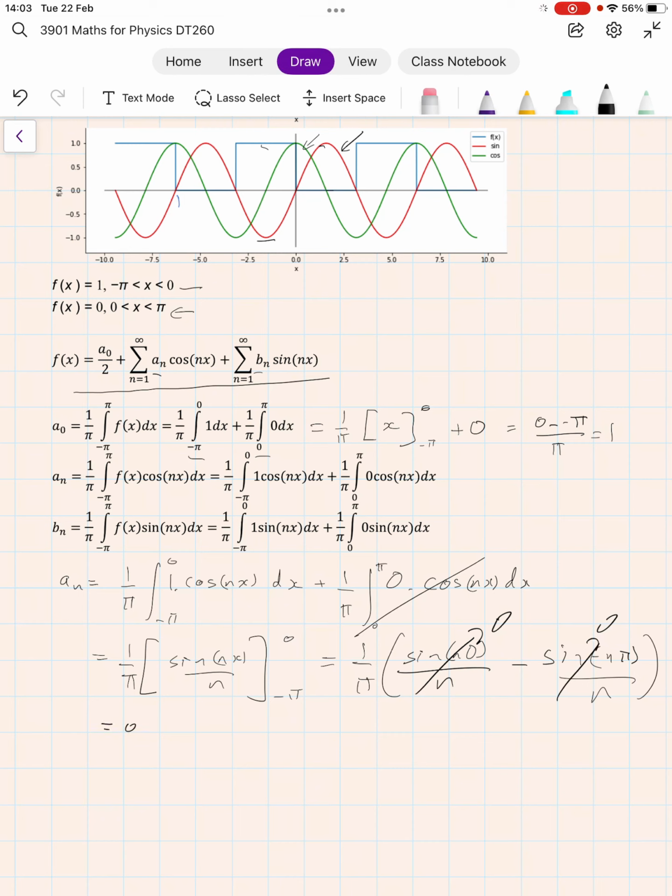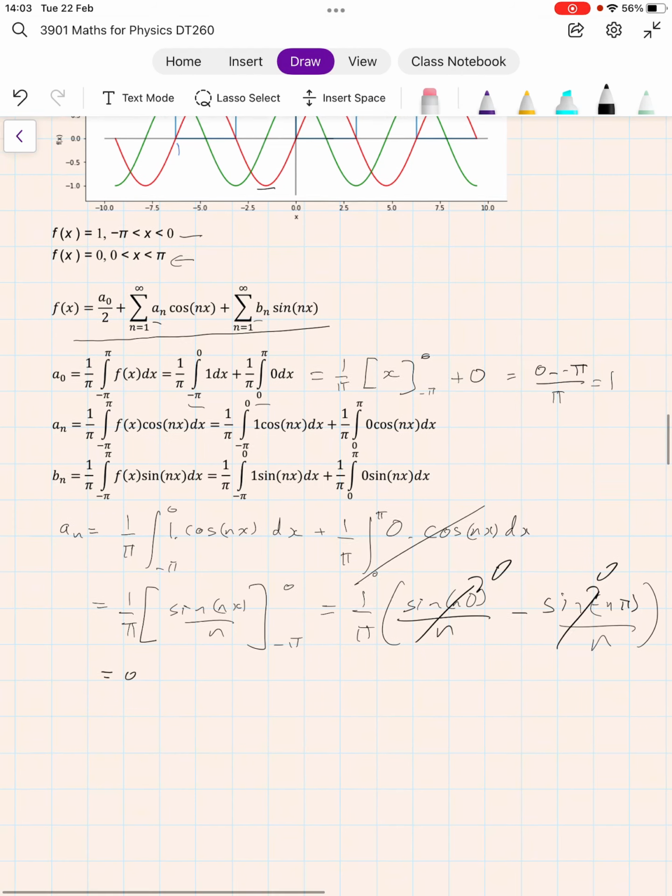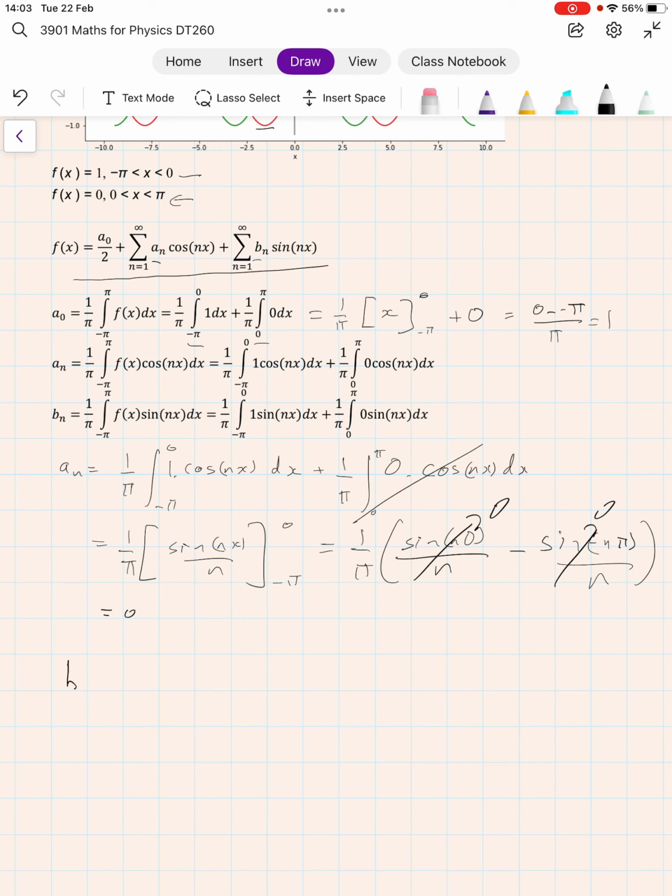But that's no surprise because a_n is to do with cosines, and if we see in our picture, our cosine doesn't mimic the function we're interested in. So now we do b_n. b_n is equal to 1 over pi, the integral from minus pi to 0 of 1 times sine nx dx plus the integral from 0 to pi of 0 times sine nx dx.